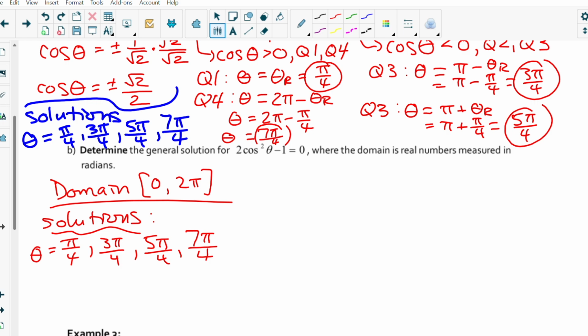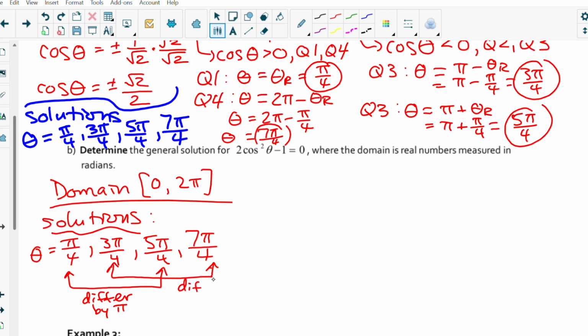What's our general solution? So first of all, do any of these vary by pi over 4? So we need to be careful here. Sorry, do any of these solutions vary by pi radians, right? So are they symmetrical? If I look at this solution and this solution, they differ by pi radians.